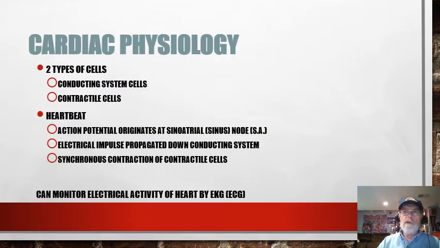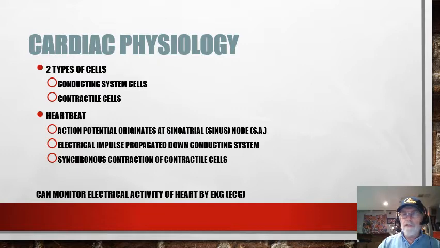First of all, when we look at the heart, we know that there's the right atrium, the right ventricle, and all these other things. But within the muscle of the heart, there are basically two types of cells. One type is called conducting cells, and we're going to be talking a lot in this video about how these conducting cells work, where they go, and what pathway creates a heartbeat. There are also the contractile cells, which we've talked about in the past in regards to cardiac muscle.